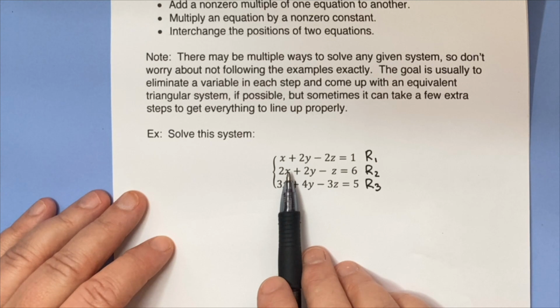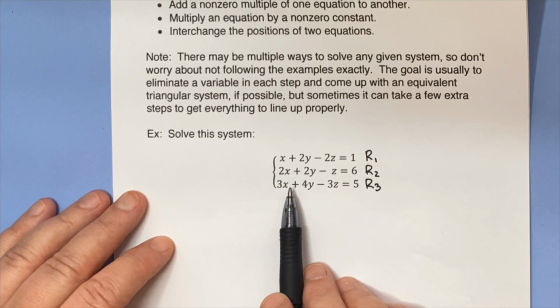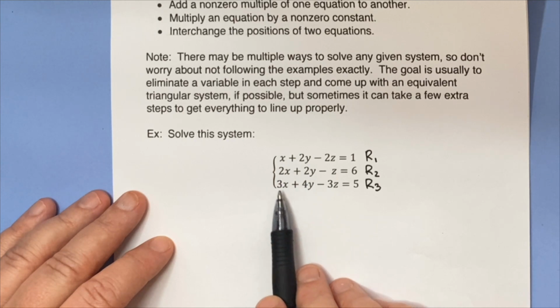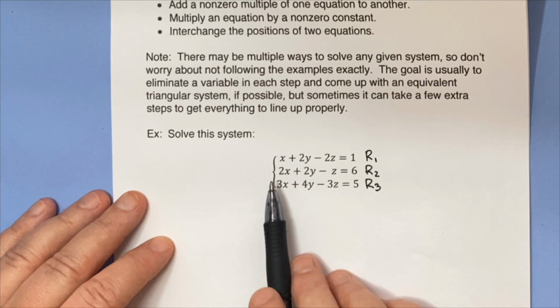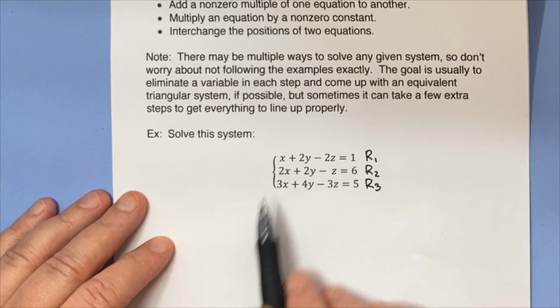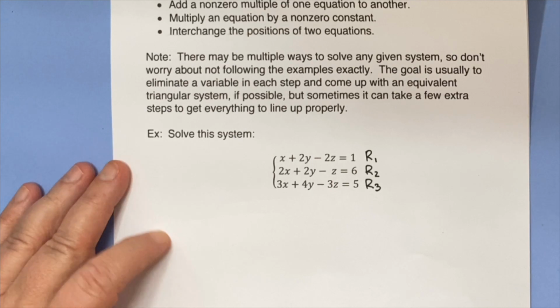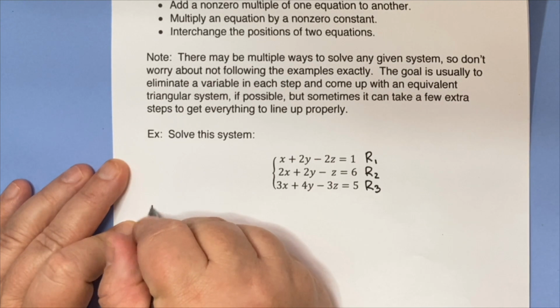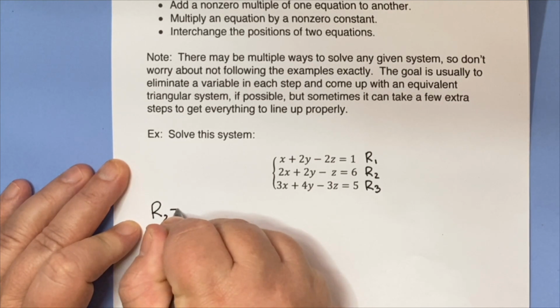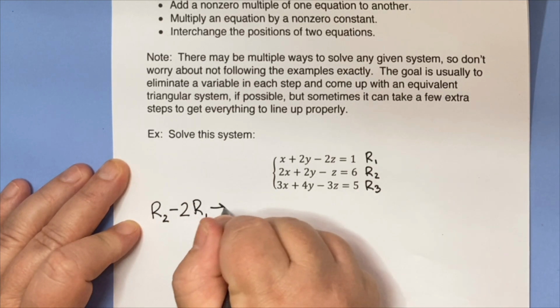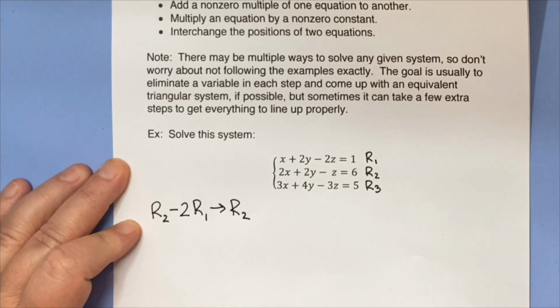I've got 2 x's down here and 3 x's down here, and here are the zeros that I'm looking for. It might not turn out that way, but that's what I'm going to aim for. So what I'm going to do is take row 2 and subtract 2 times row 1 and put that back in row 2.